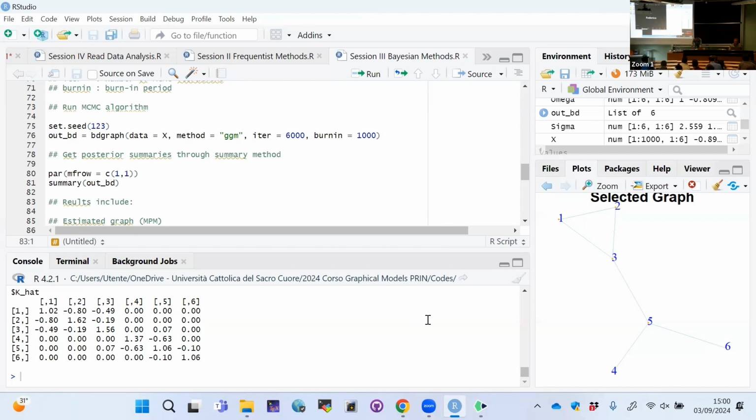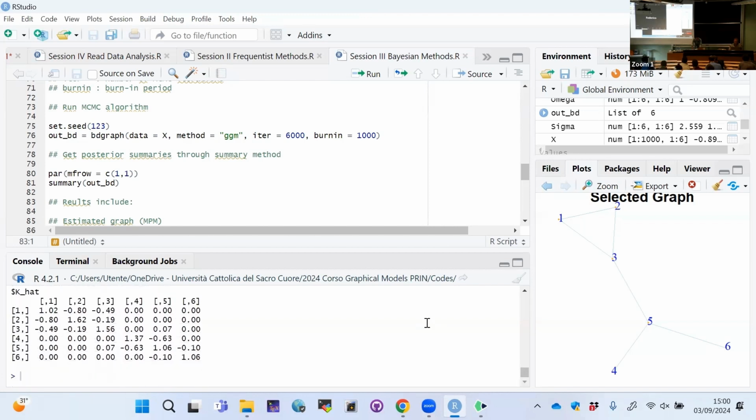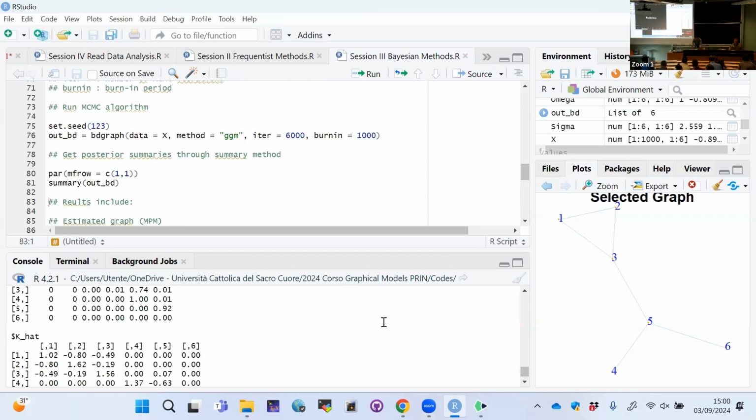Moreover, remember what I told you: we also have inference on the precision matrix. Here the precision matrix is called capital K, and K hat stands for the posterior mean, the posterior expectation of our precision matrix, which is reported here as a q times q matrix.